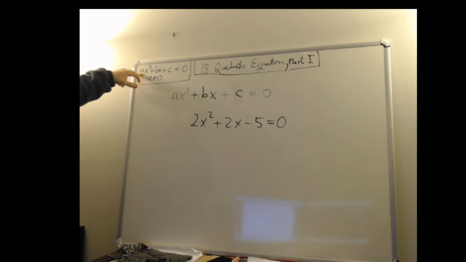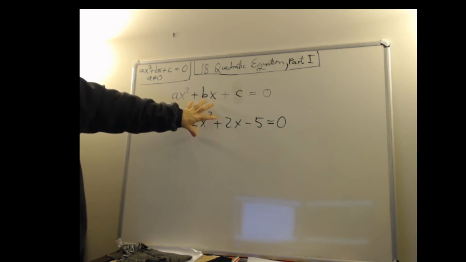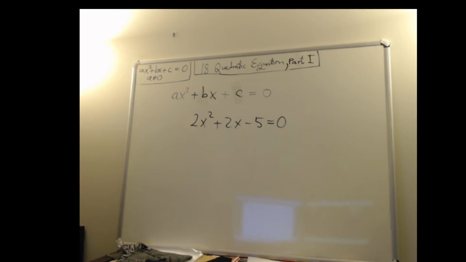I have a term with x squared, a term with x, an extra number, a constant term, and that is on one side, and on the other side it is equal to 0. I'm asking that the term with x squared be significant, so I can't have this be 0, otherwise I would have a linear equation only. So that is what we would call a quadratic equation.